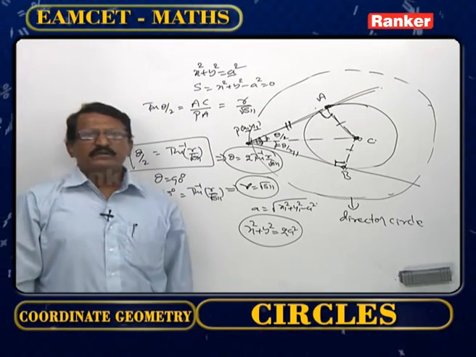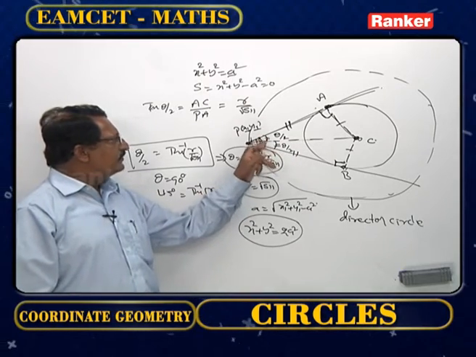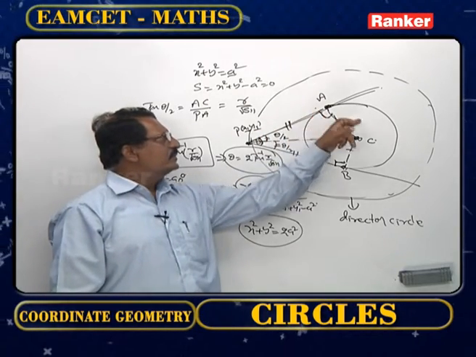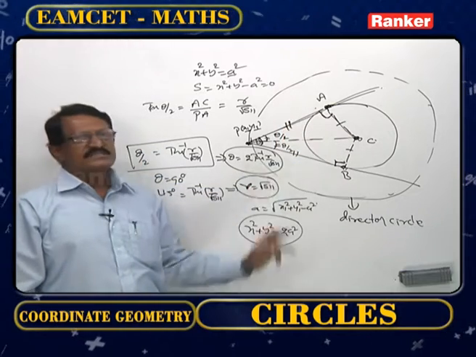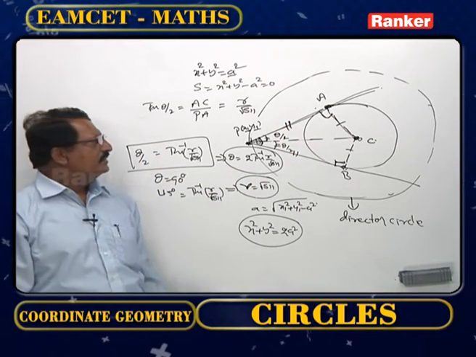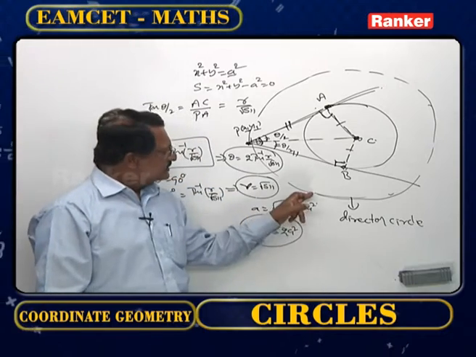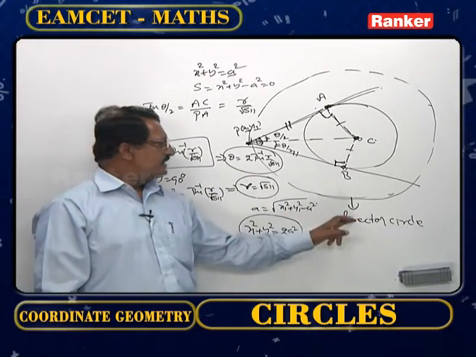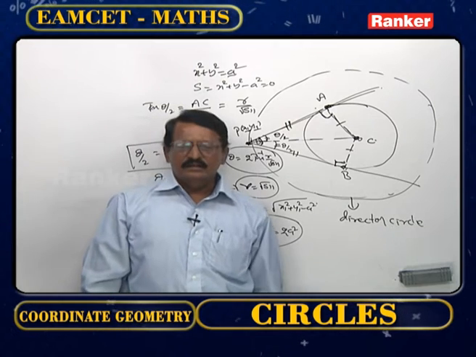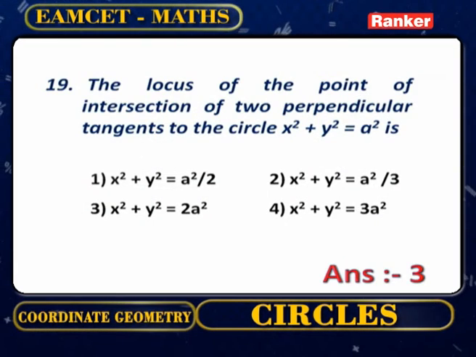That means the locus of the point of intersection of perpendicular tangents to a circle is also a circle concentric with the given circle, and this circle is called the director circle of the given circle. The option is x square plus y square equals 2a square, the third option.